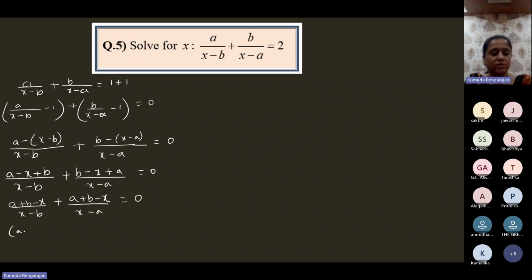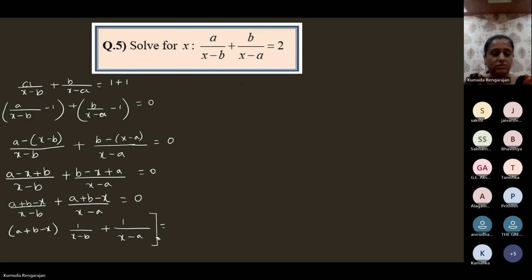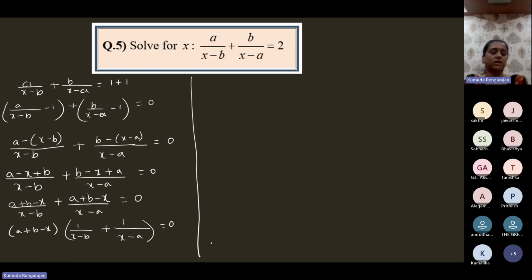So a plus b minus x is common. Then in the bracket, you have 1 by x minus b plus 1 by x minus a is equal to 0.